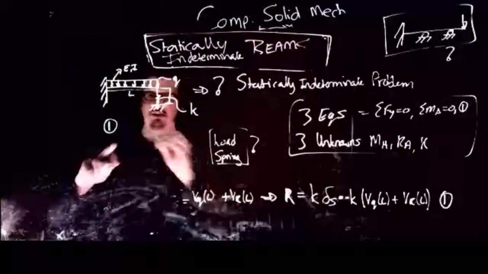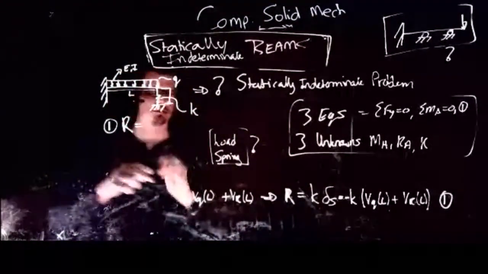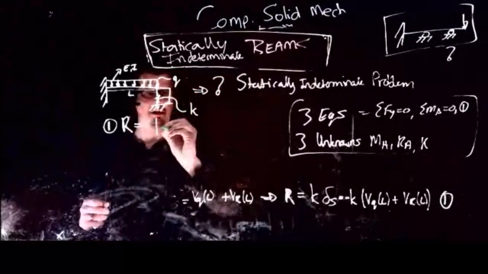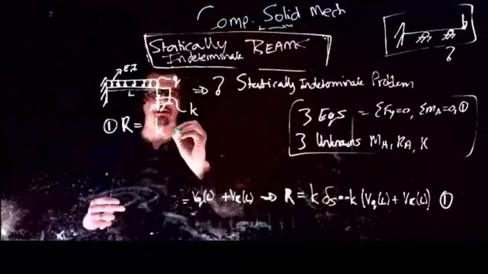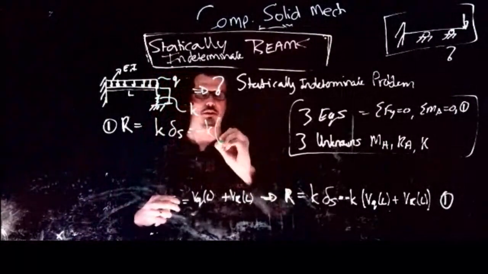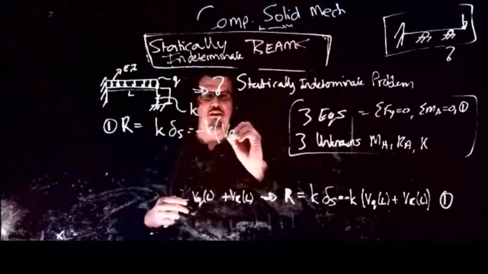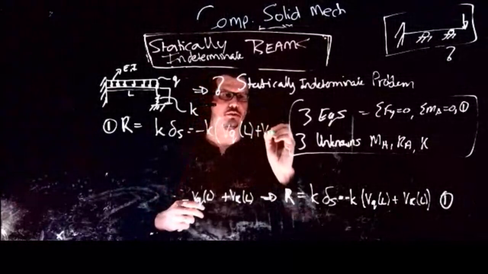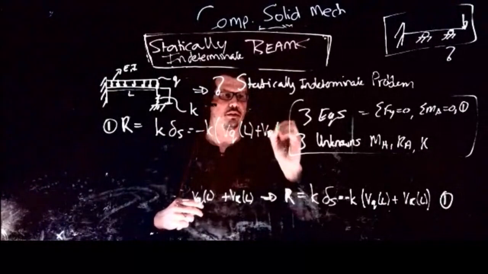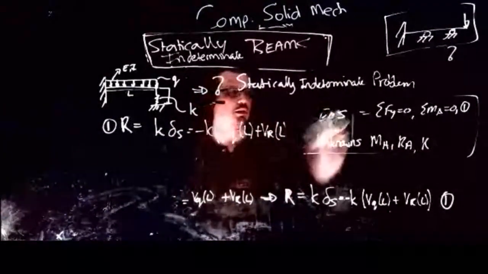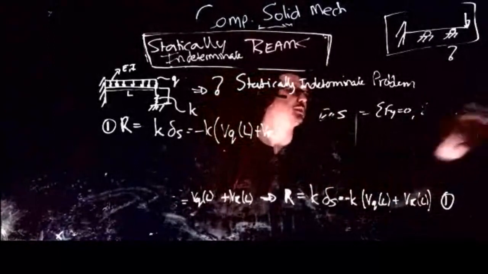Equation 1 was R equals K delta S, and that's what we write down as minus K times VQ at L plus VR at L. This is just to show that we now have a system that's solvable.